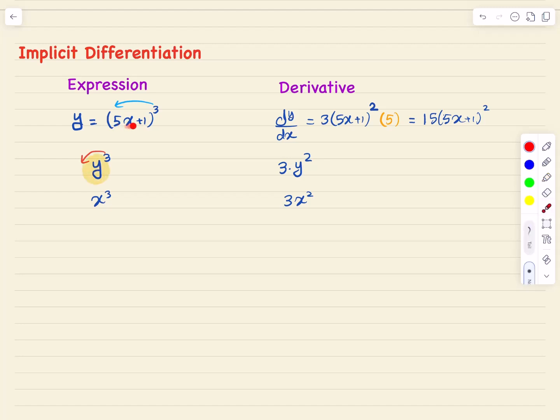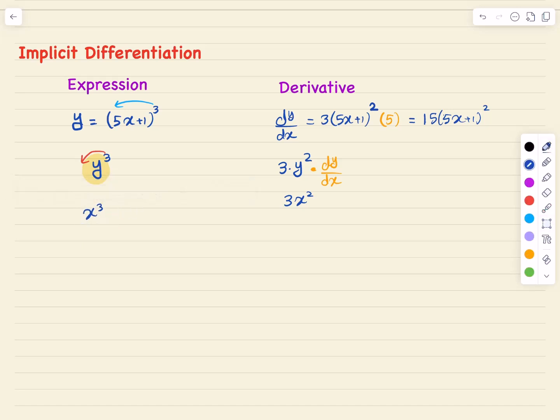As we differentiated the bracket and got 5, here also we will differentiate only the y inside, and as we know, the derivative of y will not be 1, it will be dy over dx. So the derivative of y cubed is 3 times y squared multiplied by dy over dx.